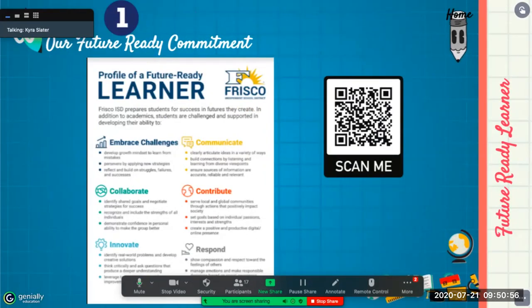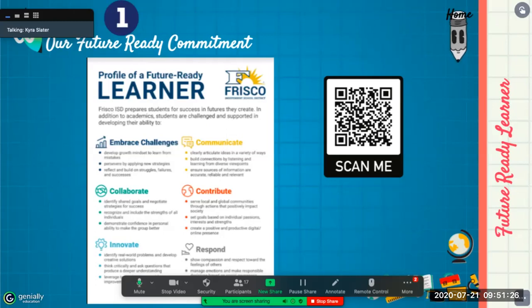Being innovative and thinking outside of the box and not just creating something that everyone else is creating. They are communicating, they are talking to outside experts, they're talking to their teachers, they're talking to each other. And then also contributing to global communities, which they can do when they're innovating and collaborating and embracing those challenges, and then responding respectfully to each other, giving feedback to their teacher, giving feedback to each other.